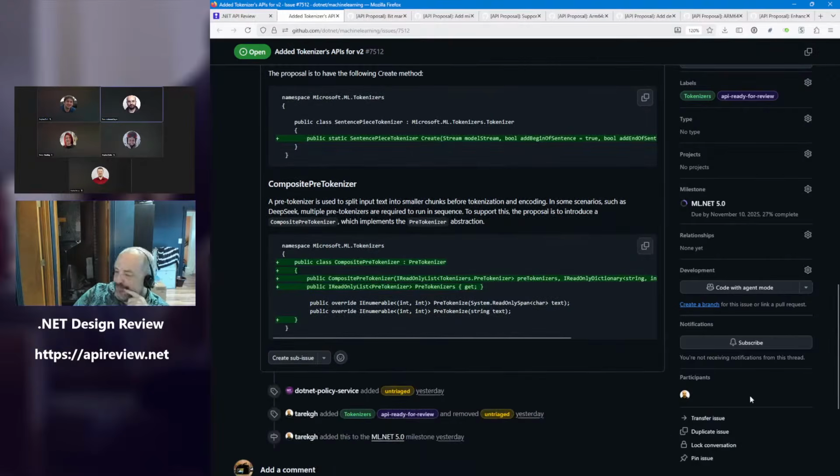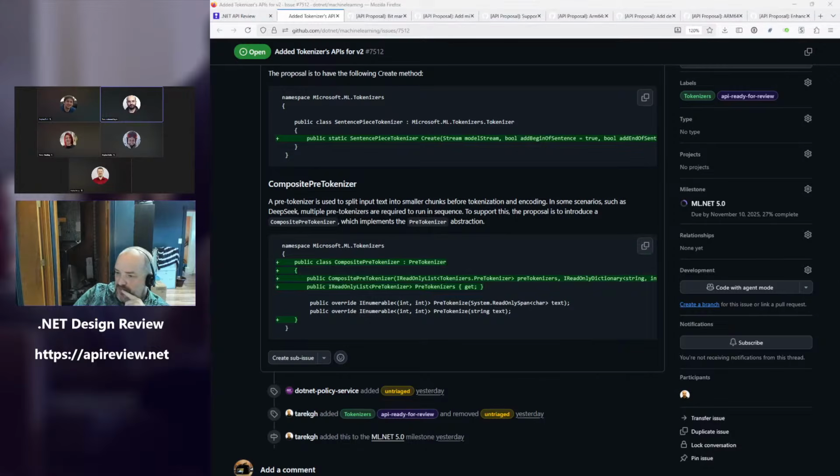Yeah. Part 3. The last part here is in the tokenizer library, we have something called the pre-tokenizer, and this pre-tokenizer is responsible for splitting the input text into smaller chunks before encoding it. Most of the time, the pre-tokenizer uses just a regex pattern to do that. And we got a scenario in the DeepSeek model, which requires multiple pre-tokenizers to process the text before encoding it.